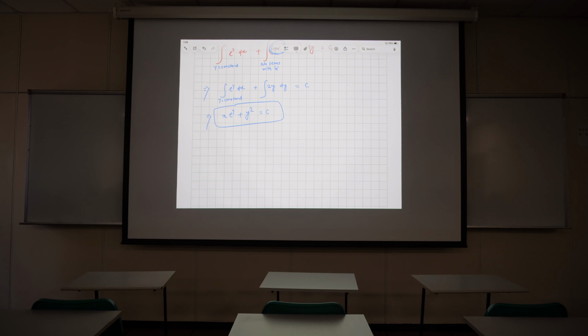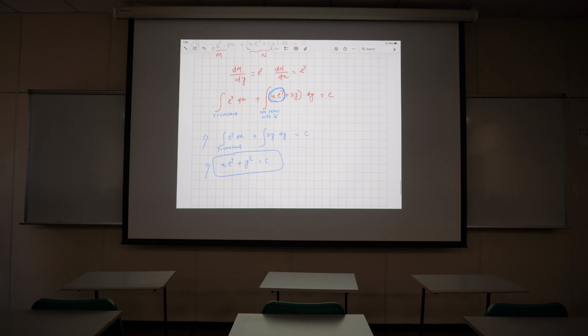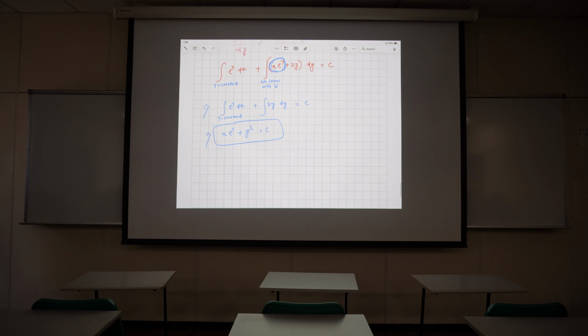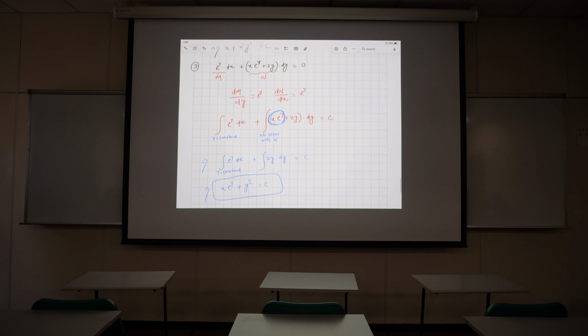Okay. Now a similar problem may be given as an initial value problem. That means a small condition will be provided. In that case, you have to find out the value of c. Like suppose in the same problem, some initial value will be given.